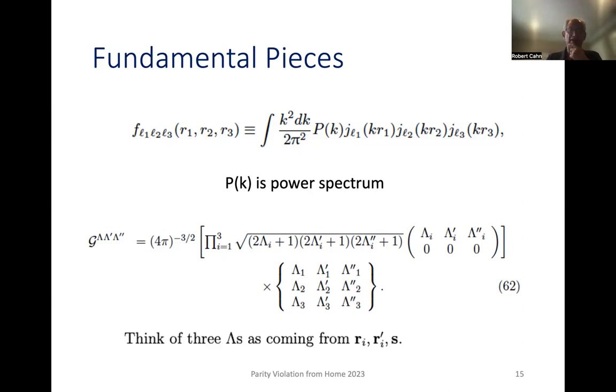And it turns out that the fundamental quantities that we need are some integrals that we call f of R1, R2, and R3, labeled by 3 values of L. All it is is the integral over the 3 momentum magnitude of the power spectrum multiplied by 3 spherical Bessel functions, where the R1, R2, and R3 all appear. So this is one fundamental quantity. And since we know the power spectrum, we know these Fs for all values of L. I mean, you have to calculate it, but it's something that we know.